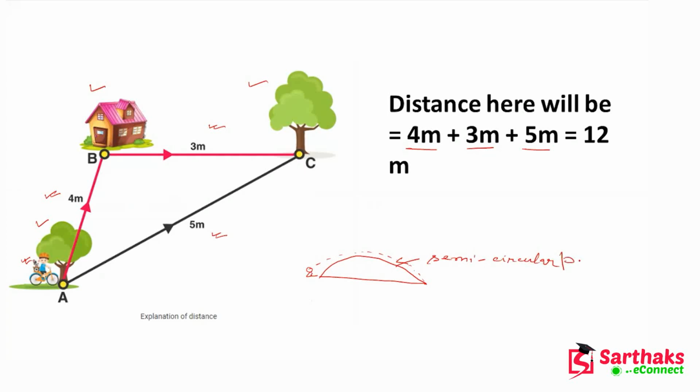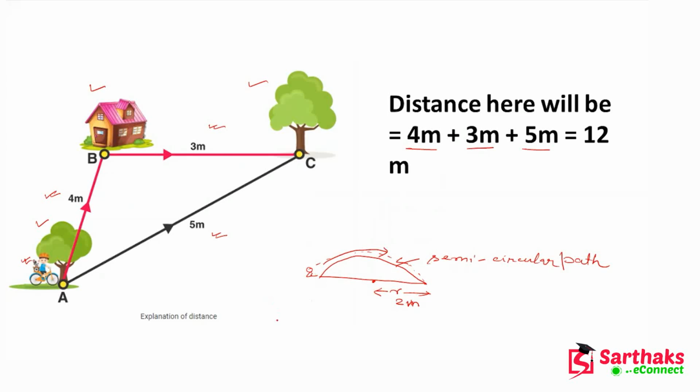It has been given that the radius is 2 meters. If he or she is going for a morning walk and following this path, then how much distance has he or she covered?